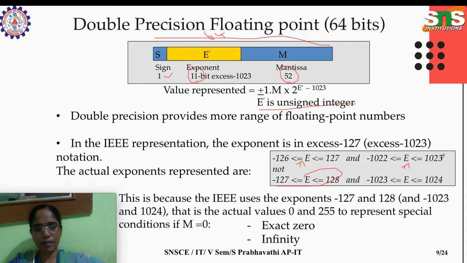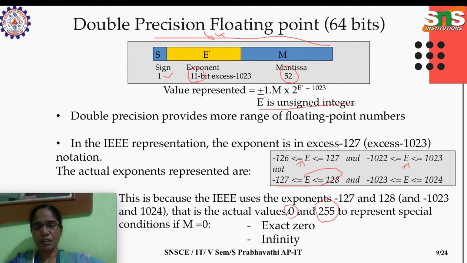Because the actual exponent values 0 and 255 are used to represent special conditions. For single precision the exponent is 8 bits. If all 8 bits are 1, its value is 255. If all 8 bits of the exponent are 0, its value is 0.